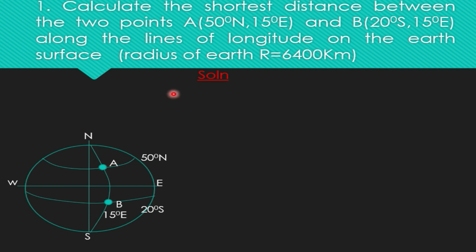So we label the point A, which is this: point A, 50 degrees north and 15 degrees east. This is where they met. We also have 20 degrees south and 15 degrees east. This is where they met for B. And then you locate the angle from this point to the center and to B. We are looking for this angle.